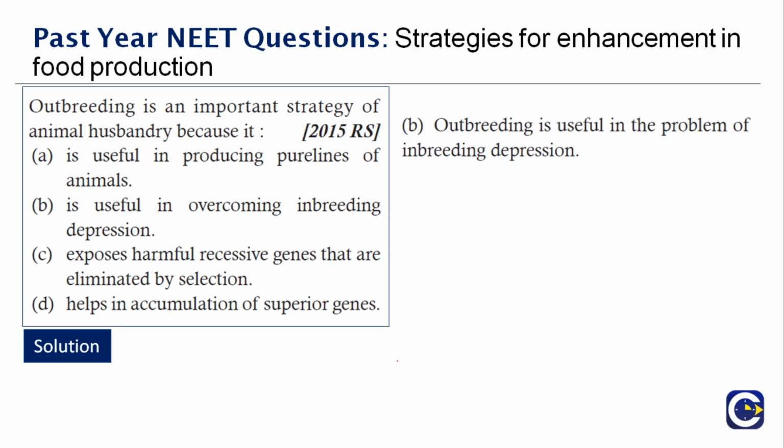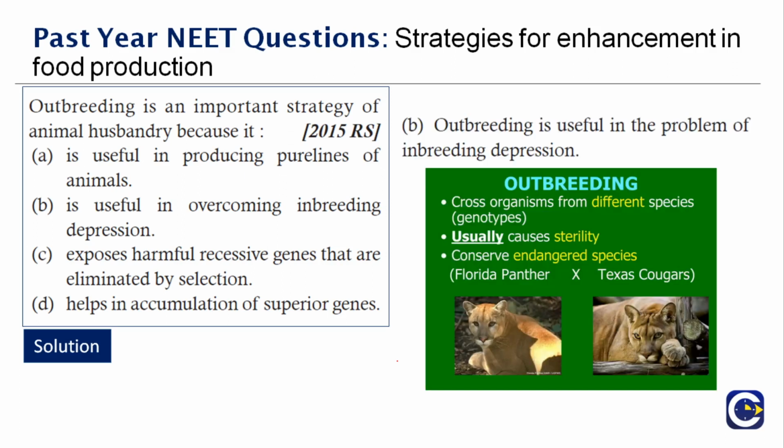Therefore the right answer is option B. Crossing organisms from different species usually causes sterility, and it also helps conserve endangered species. These are some of the other uses of outbreeding. Therefore the right answer to this question is option B.